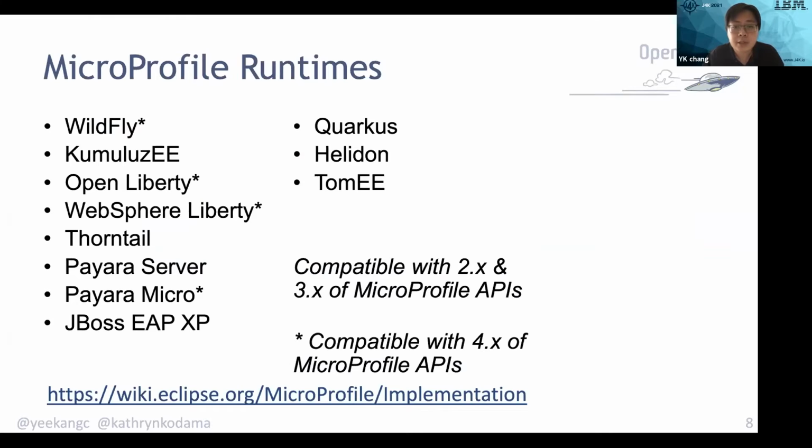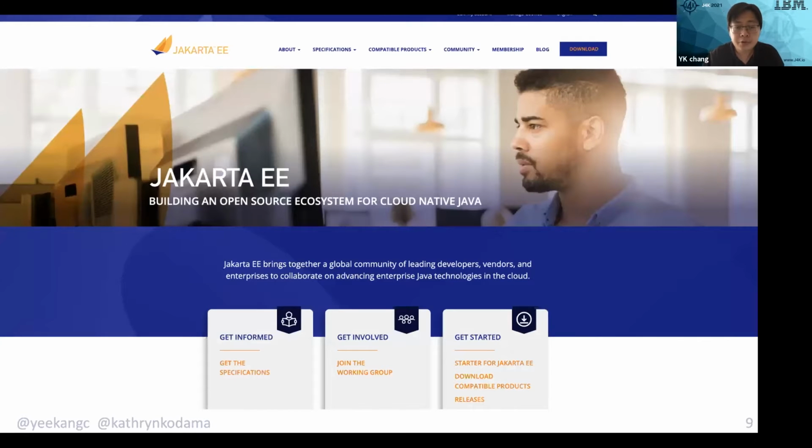They are compatible with the different versions of the MicroProfile APIs, the latest being 4.x. So you have flexibility to build your applications with these APIs to achieve the kind of cloud native characteristics that you need. At the same time, you have choices with the different frameworks or runtimes that you want to use to build your application. Now that was MicroProfile.